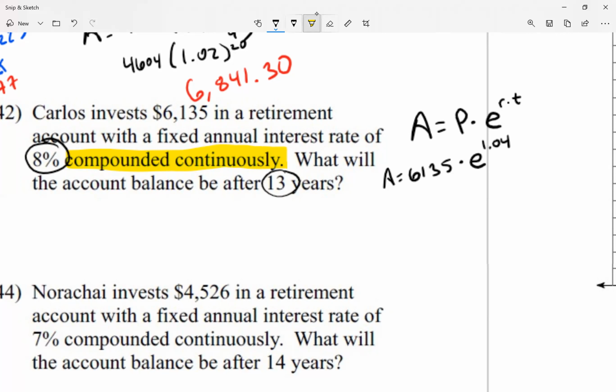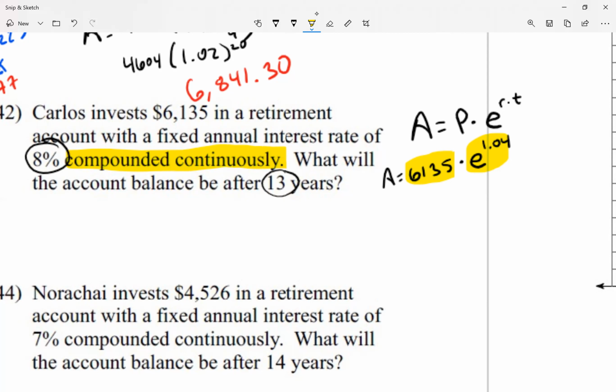And then times 6,135. Let me just emphasize, I did this first, E to the 1.04. I calculate that, and whatever I get, then I multiply with my principal. Remember, exponents come before multiplication. That's why I did the exponent first.